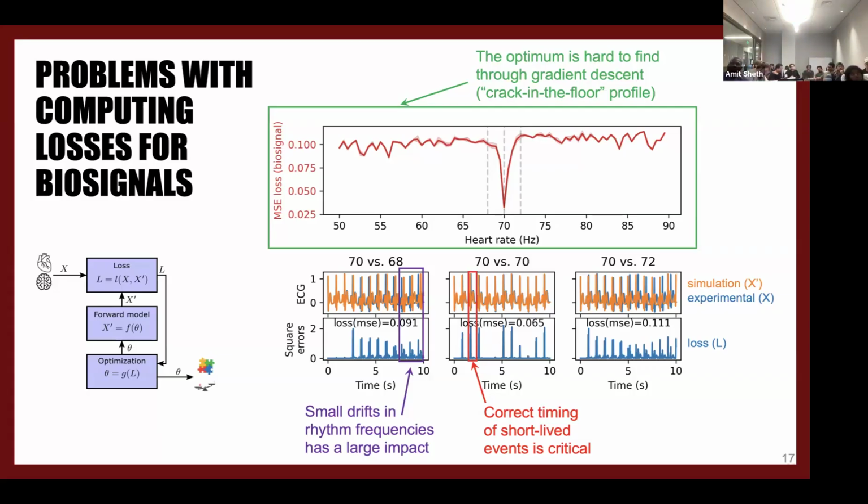So why do I have that? That's a real loss curve, right? Why do I have this in that case? I have this because my signal has high amplitude, narrow duration events. My ECG peaks here are very high amplitude and they are regular.